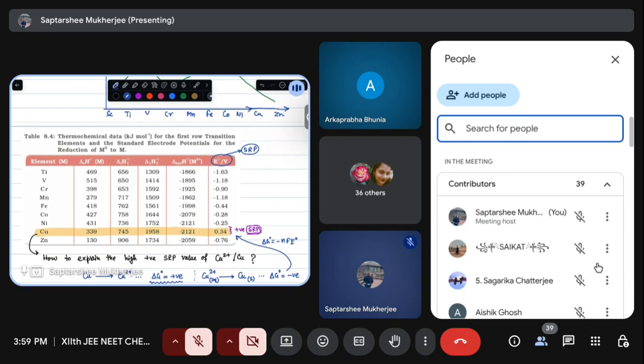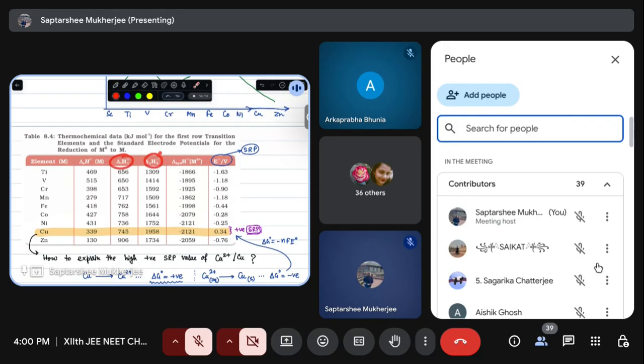Without knowing the data, because obviously during the examination we may not have the data set provided, the only thing we can expect is a high value of the sum of the first and second ionization enthalpy of copper.